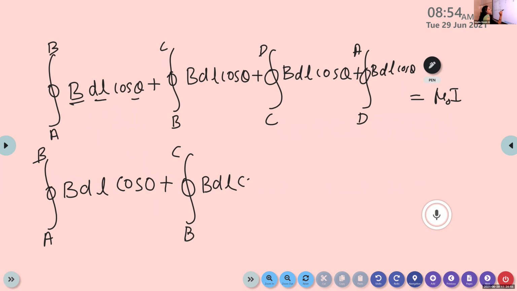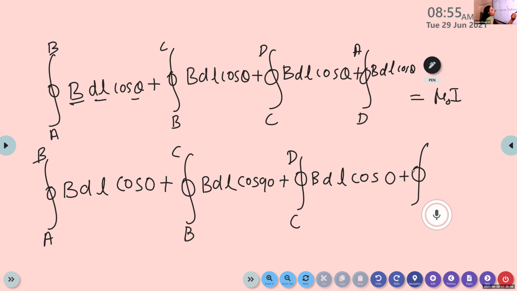So B dl cos 90, plus closed integral over C to D, B dl, again that angle is 0, plus closed integral over D to A, B dl, again it is 90.